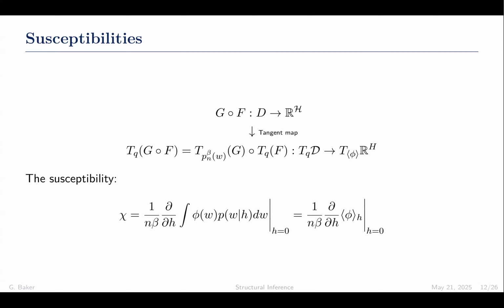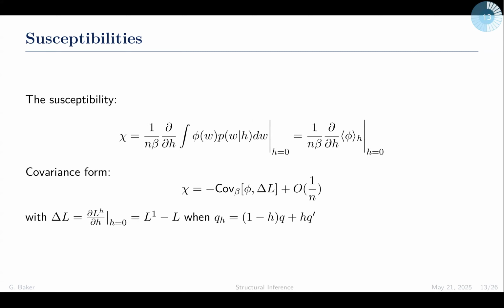Luckily, as I said before, we can approximate it using a covariance form with respect to our unperturbed posterior. We just find the covariance of phi and delta L, where delta L is the derivative of the log loss with respect to h.